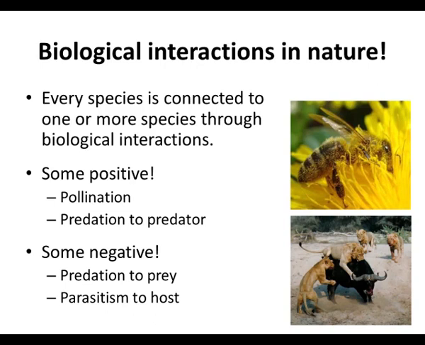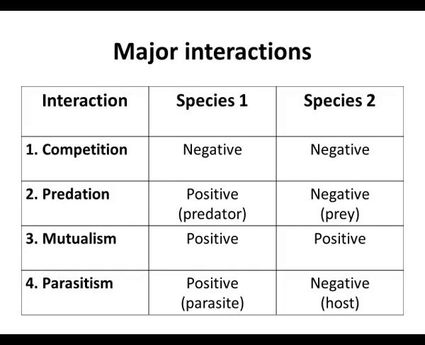Okay, so let's go through more examples. Before that, let's summarize these interactions using this table, so it's easy to remember. The first column is the interaction. The next 2 columns are just 2 imaginary species. If you think about competition, there are 2 species interacting with each other and both parties are getting negative effects.